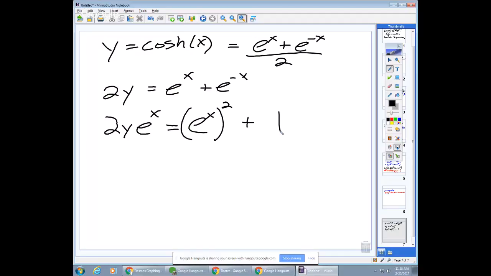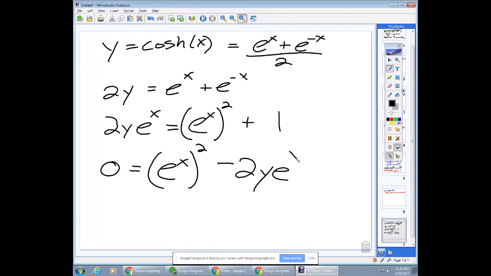So I'm going to take that 2y e to the x and subtract it over. Okay? So that means I'll have 0 on one side, and on the other side, I'm going to write them in this order: e to the x squared minus 2y e to the x plus 1. And if I do a little substitution here, like I say, hey, let's let u equal e to the x.